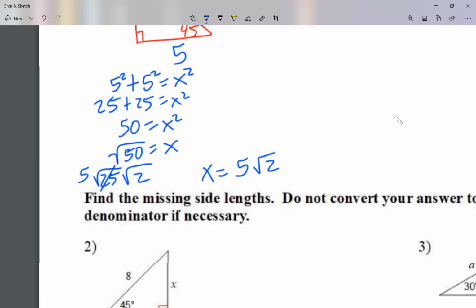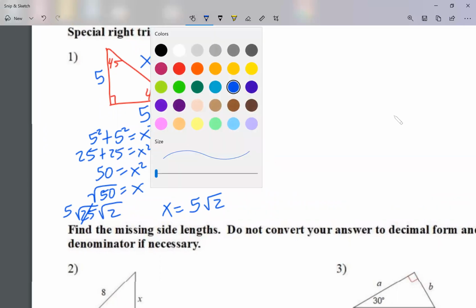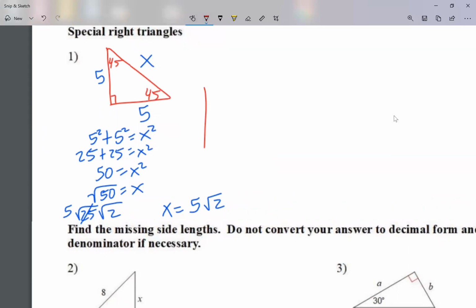Now this is doing it the long way. This is a long way. Let me go over a short way. Now the long way we're going to use in case you guys ever forget the formula, or you think the formula is too hard, then you're going to use the Pythagorean theorem.